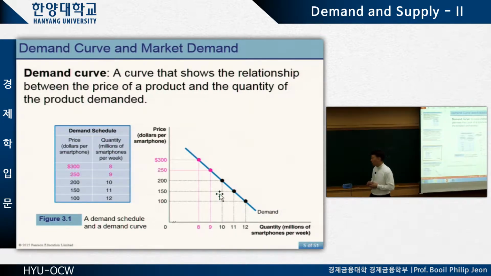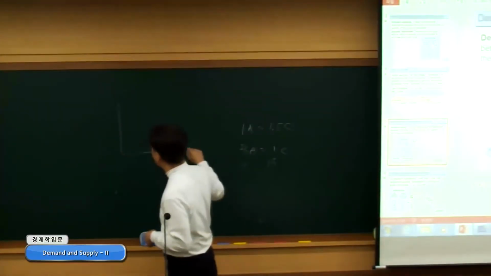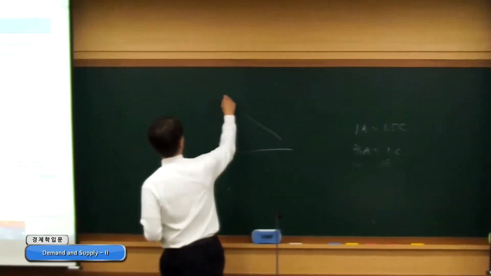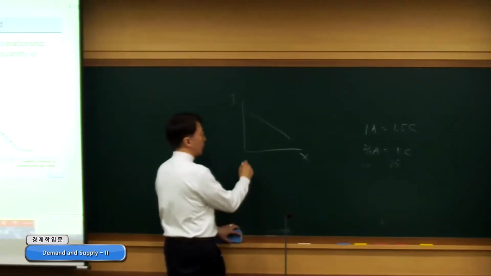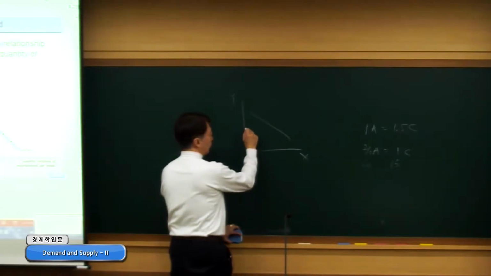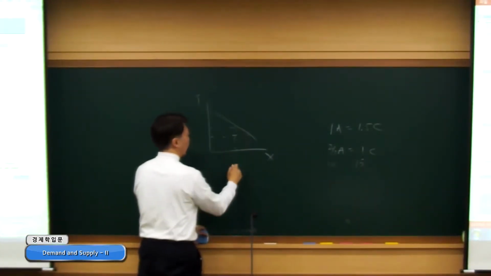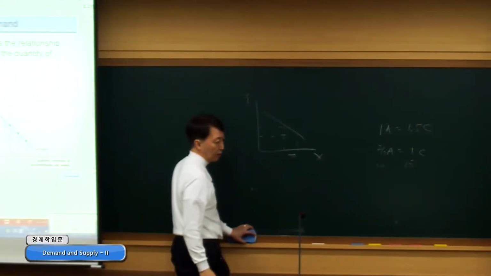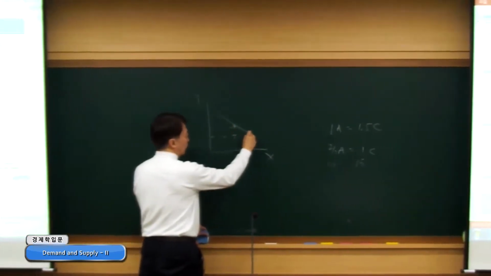That's what we call a negative relationship in mathematics. If you have a line like this, let's say y and x, what does that imply? If x increases, what happens to y? It decreases.